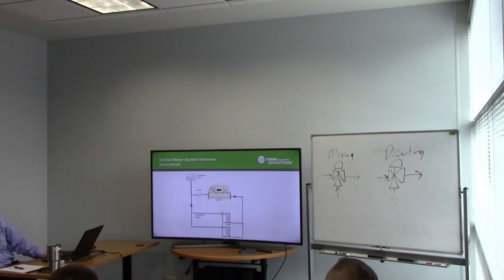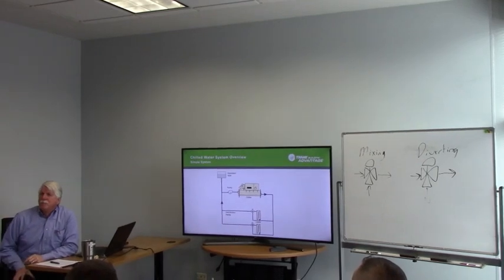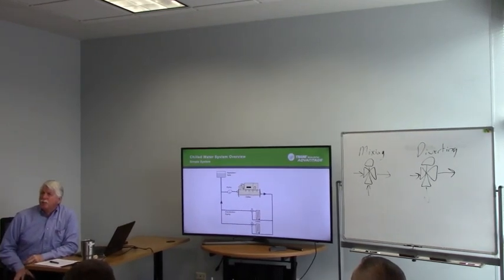Let's back up here for a minute. For the last 50 years, this was the way most systems were built. Can anybody tell me why this is not a good system to put in? What's wrong with it? No redundancy.